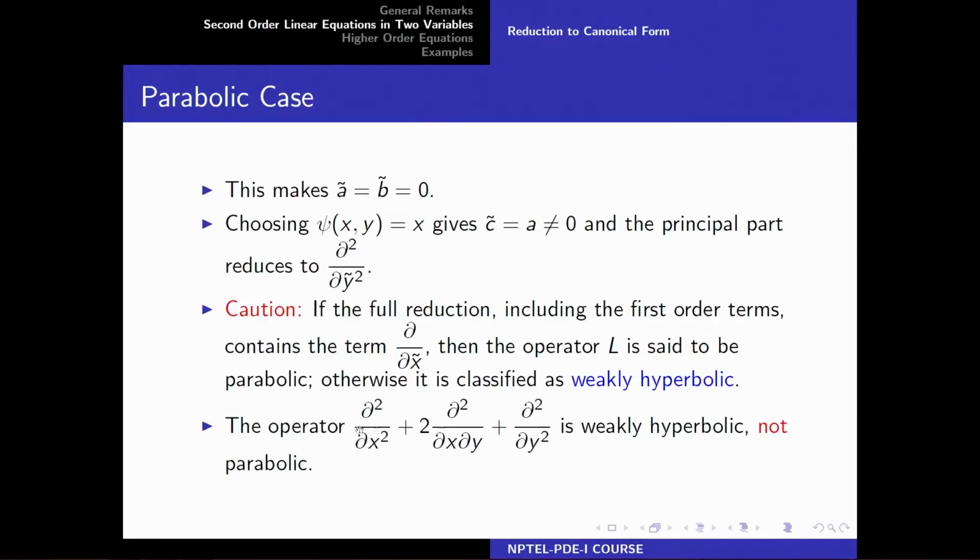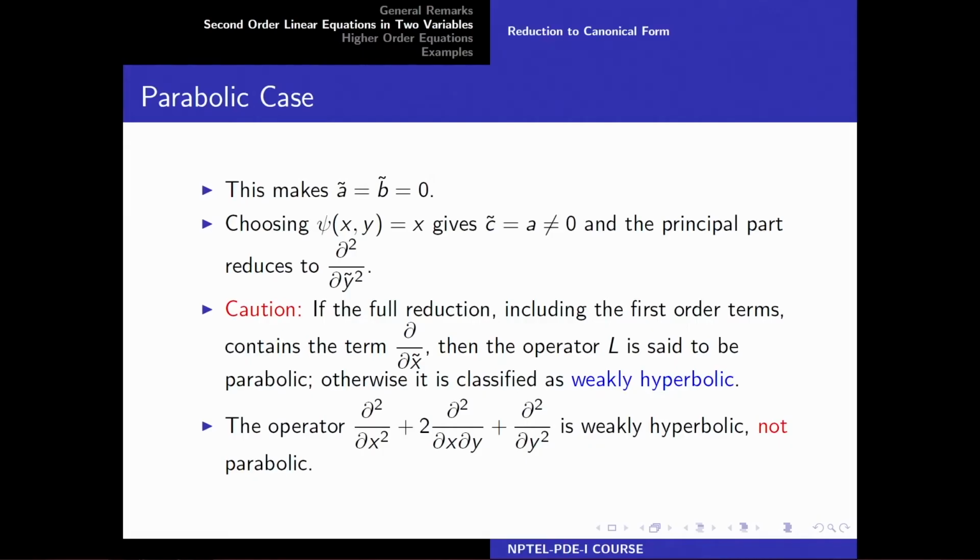Okay. So, a is 1, b is 1 and c is 1. So, this a c minus b square is 0. So, there is only one real characteristic, but after the full reduction you will not get this lower order term and this is classified as weakly hyperbolic and not parabolic.